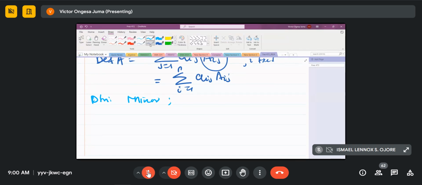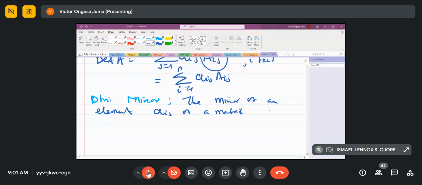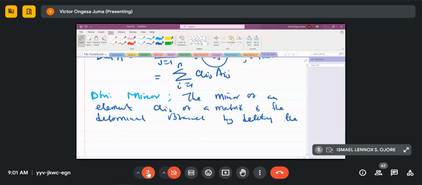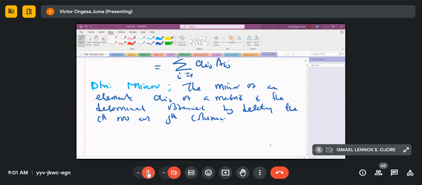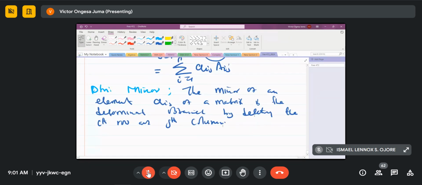The minor of an element a_ij of a matrix is the determinant obtained by deleting the ith row and jth column. It is denoted M_ij.